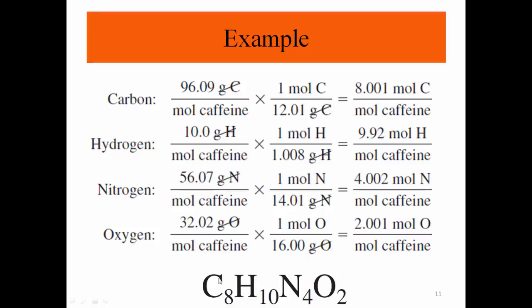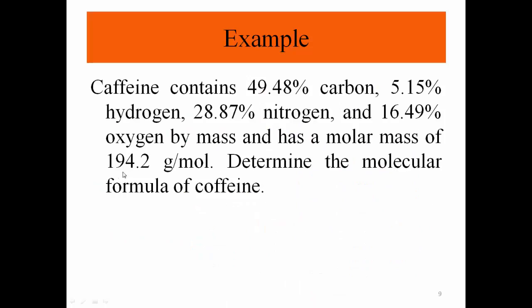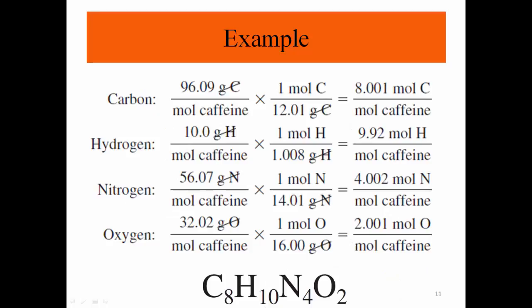And we can check the molar mass of this formula. We can say 8 times 12.01 plus 10 times 1.008 plus 4 times 14.01 plus 2 times 16. And that's going to give us 194.2, which is equal to the given molar mass. So that's going to be the molecular formula of caffeine.